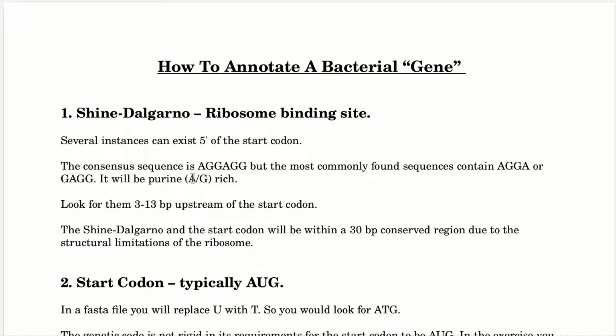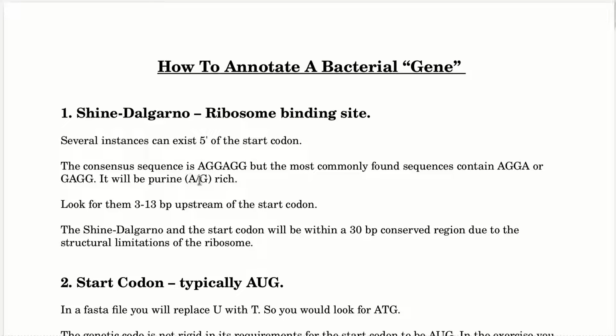And it does not have to be in this sequence. This is just the consensus. This is the most often found, all right? But it usually has an AGGA in it, but it doesn't have to. A GAGG will work just as well. In other words, it's just a series of A's and G's.